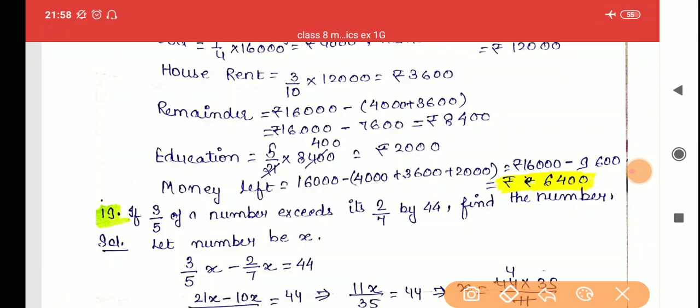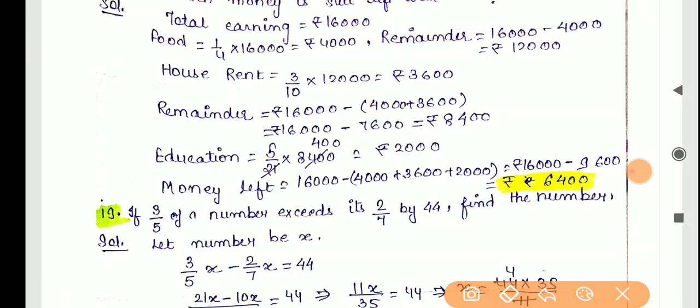So left with him, whatever money he has spent, we will deduct it from 16,000, the total money, and we will get the money whatever is left with him. So 16,000 minus 4,000 plus 3,600 plus 2,000. Total of this is 9,600. And one more thing, 9,600, we can do one more thing.